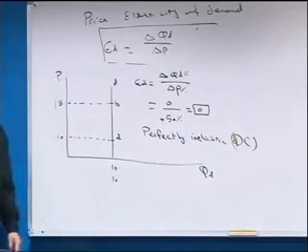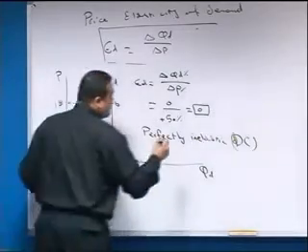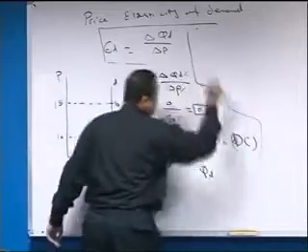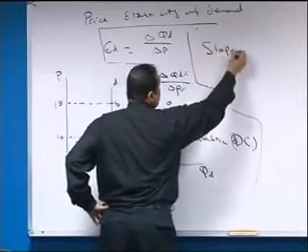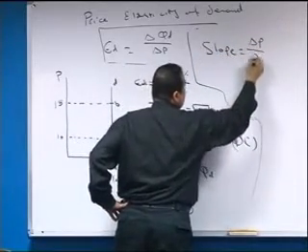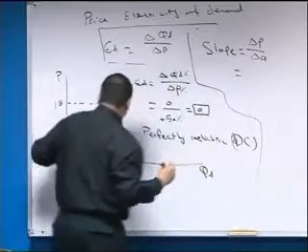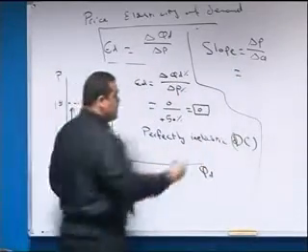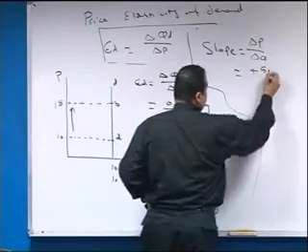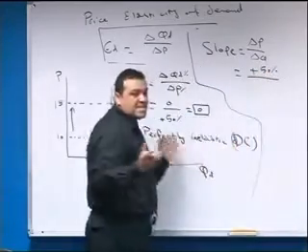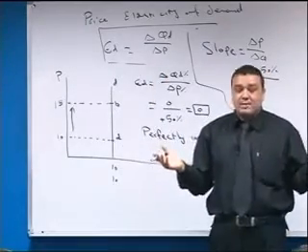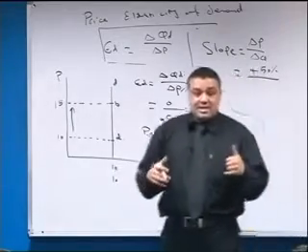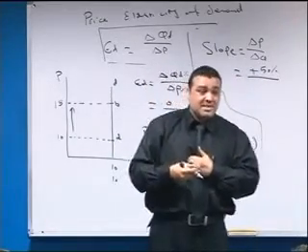What about the slope? Yes, it would be infinity. Thank you. Slope equals delta P over delta Q. Delta P, there is an increase in the price by 50%, over no change in the quantity demanded, because the old quantity demanded is 10 and the new quantity demanded is 10.